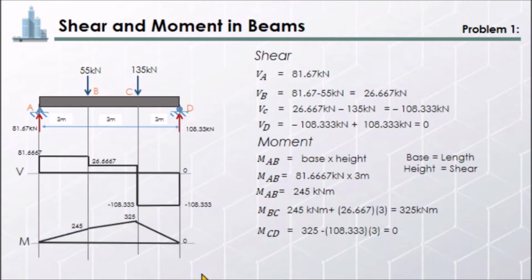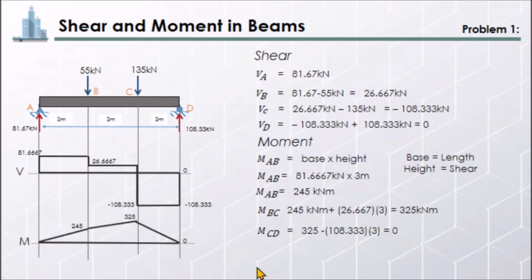And, if we observe this, the maximum positive shear is 81.667 and the maximum negative shear is negative 108.33. Now, for our moment, the maximum moment is 325 kilonewton meters.